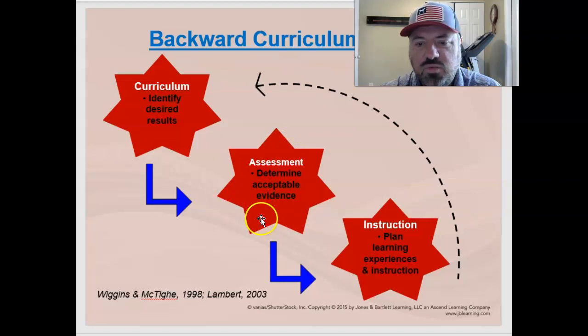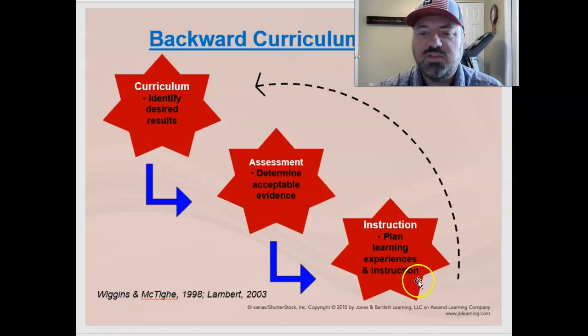All right, so we'll design our assessment. So we know what we want, we know what we're going to do to test, how we get there, and then next, how do we get them from their baseline performance to meet the desired goals of the curriculum? What learning experiences do we need? This is actually where we do our lesson planning.